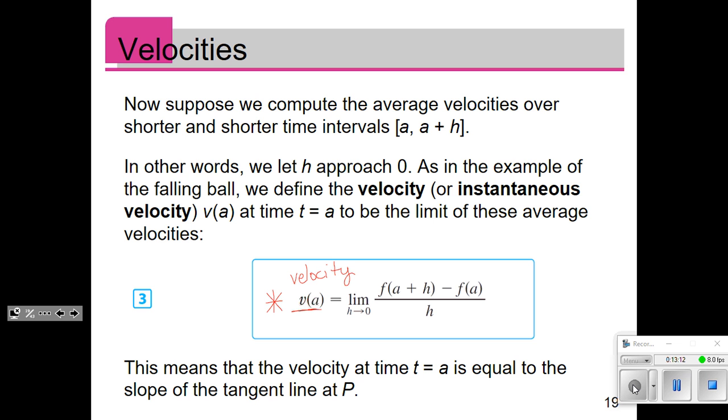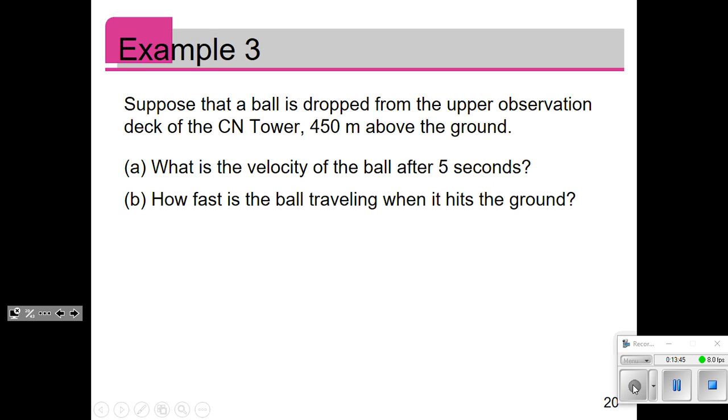This is the exact same limit definition that we had for slope. This means that the velocity at time t equals a is equal to the slope of the tangent line at p. I want to underscore that. Velocity and slope, same thing.